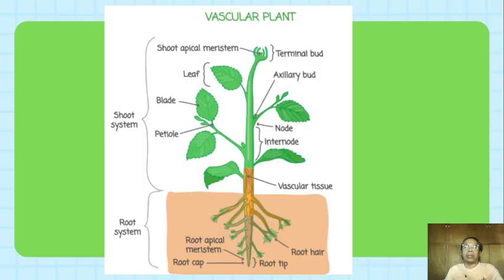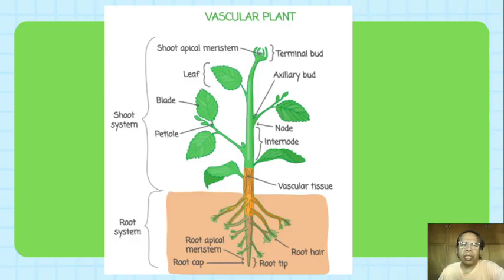So that's the illustration of a vascular plant. You have the shoot system and then the root system.